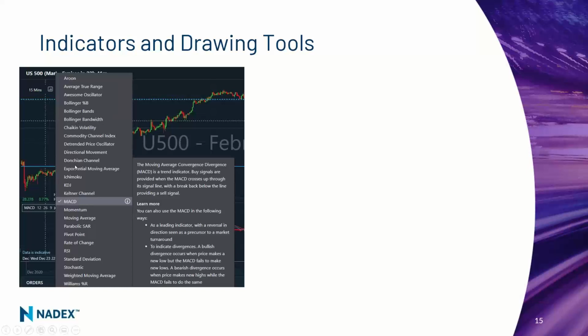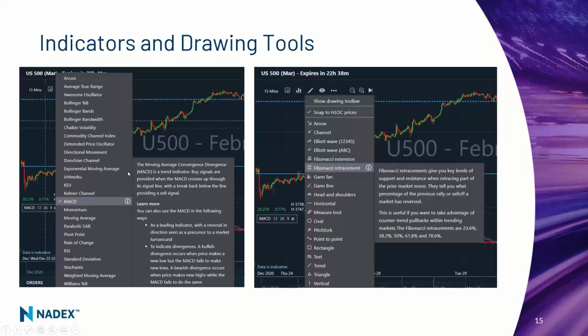There's also moving average convergence divergence, where you're looking for reversals in direction based on moving averages. Again, it's a trend indicator. There is some in-platform education, but you can go out and find information and find out which one of these works best for you. Other people like relative strength index, RSI, but we offer a variety of indicators.